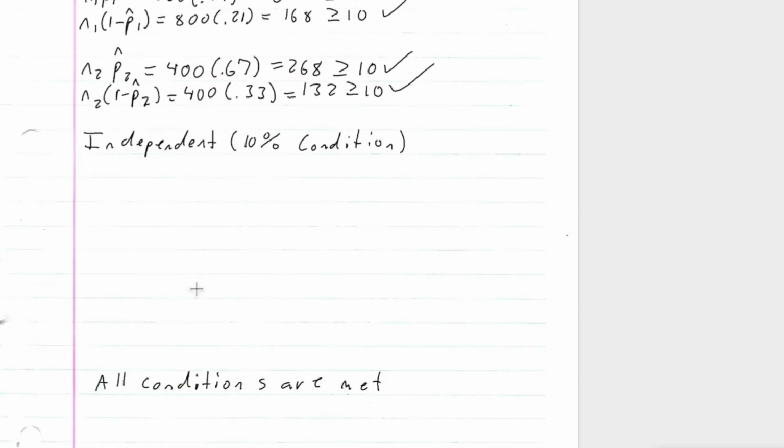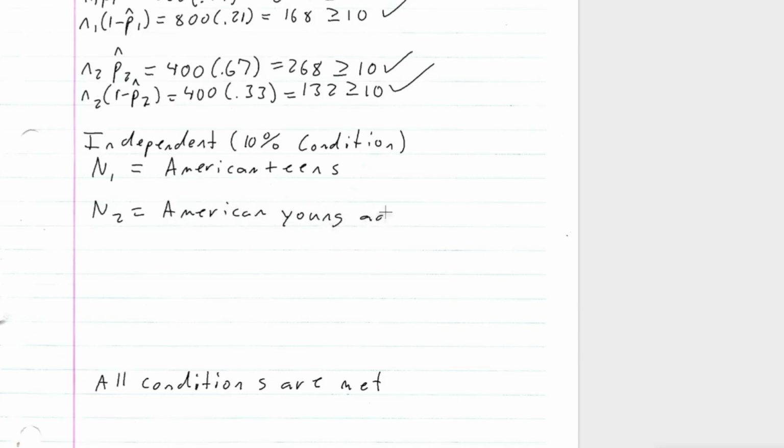Now let's go ahead and check the independent condition. So capital N1 is equal to American teens, the total population of American teens, and capital N2 is equal to American young adults.